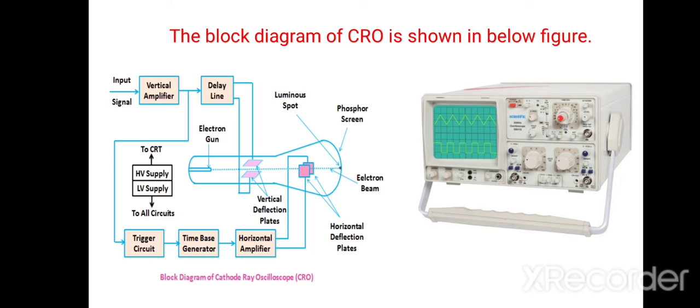A small delay occurs. The signal reaches the vertical deflection plates before the horizontal plates, but this causes distortion of the signal on the screen. To avoid this, a small amount of delay is added using the delay line block after the vertical amplifier.